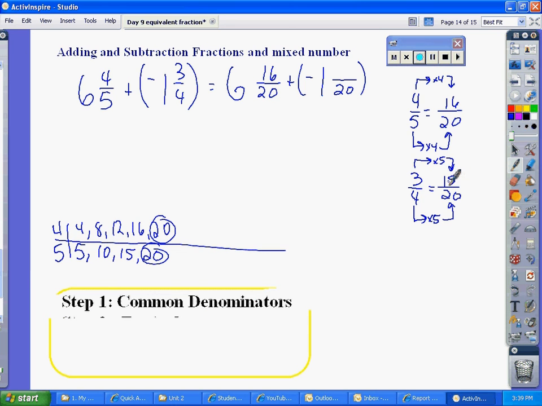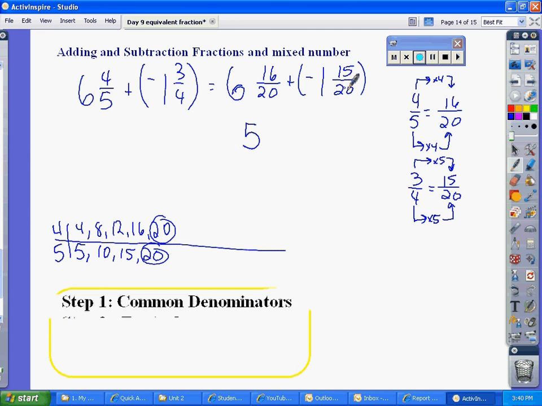15/20. Okay, now here's where some confusion has also come in. What we need to do first is add 6 plus -1. So 6 plus -1 is 5. Now we have 16/20 and -15/20.